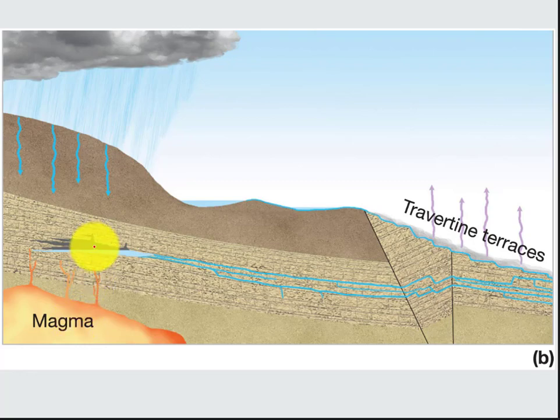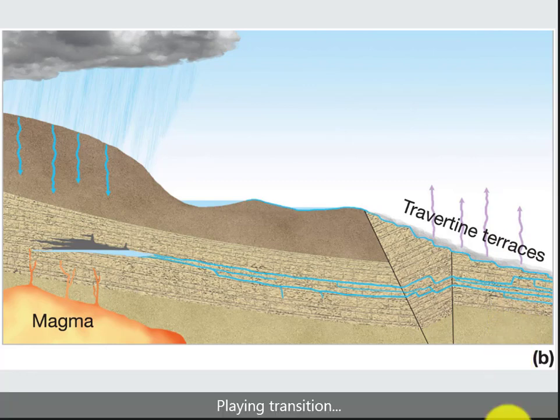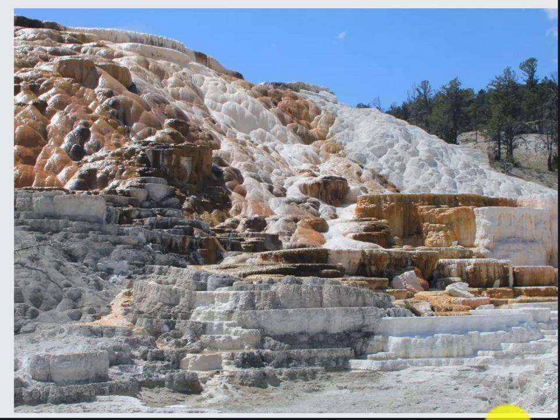Well, when the water and the carbon dioxide interact, it makes a weak carbonic acid. And as that water flows, in this case downslope, it starts to dissolve the minerals in the rock. And then when it exits, because it's flowing down and now it has access to the air again, the carbon dioxide dissipates, and what is formed is a rock called travertine. And they're brilliant white travertine terraces.